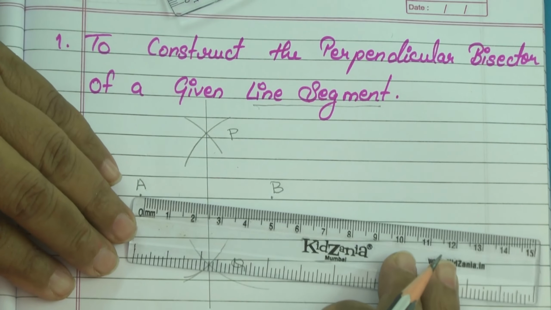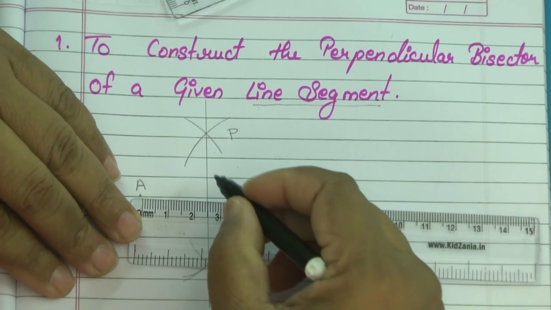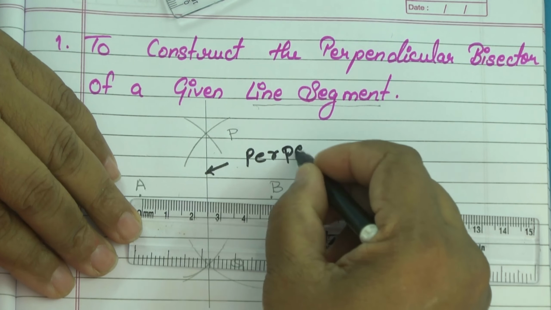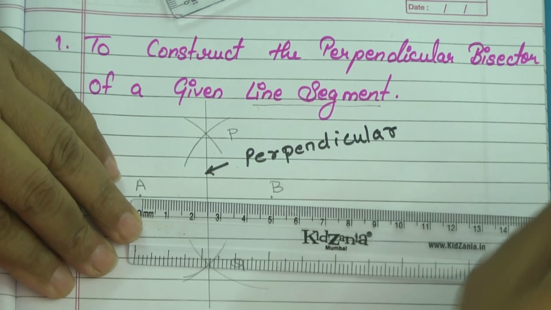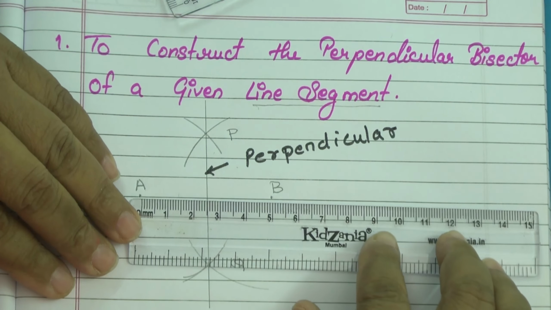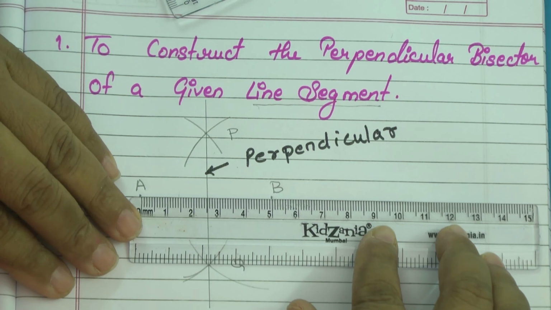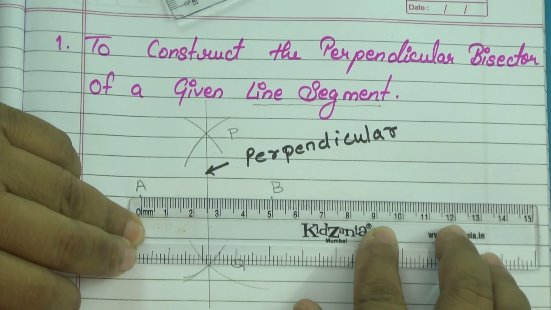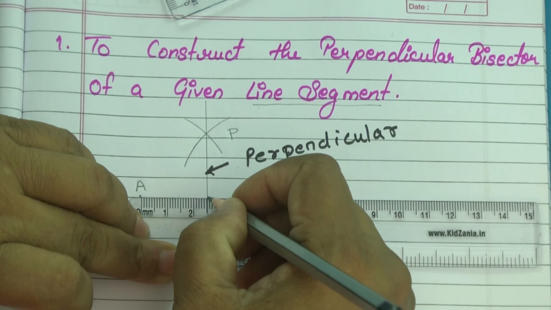Now let us see whether it is bisector or not. Let me write it, perpendicular, since it made angle 90 degree. For bisector, let us measure. It was 2.5. The line was 5 centimeter. Half of it is 2.5, and we got 2.5. You can see here.